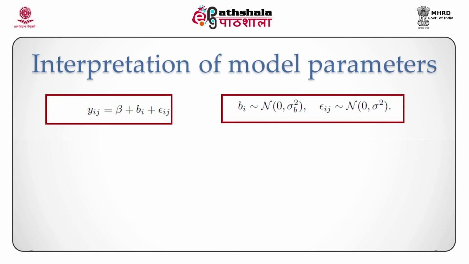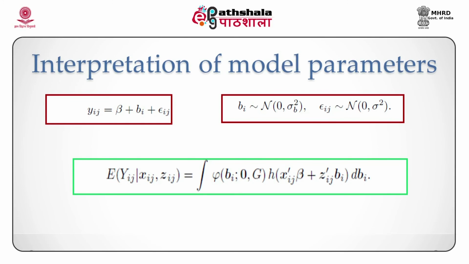On the other hand, assume that we are using a link h. In this case, the overall mean is obtained by integrating out the random effect, and the expectation of Yij given Xij, Zij is equal to the integral of h of Xij prime beta plus Zij prime bi, multiplied by phi of bi, 0, G, into dbi, and we cannot guarantee that this will be equal to h of Xij prime beta.